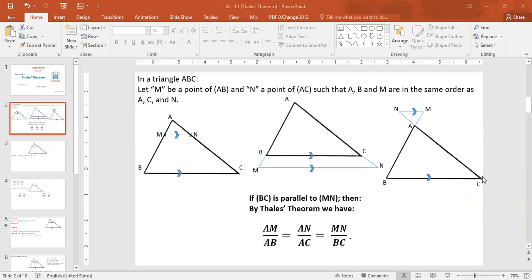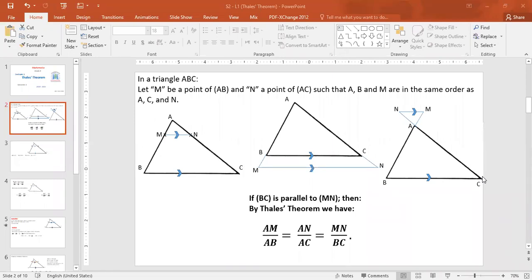Okay, Sarah? Yes. Say it again, please. Apply Thales theorem again. AM over AB is equal to AN over AC is equal to MN over BC. Thank you.